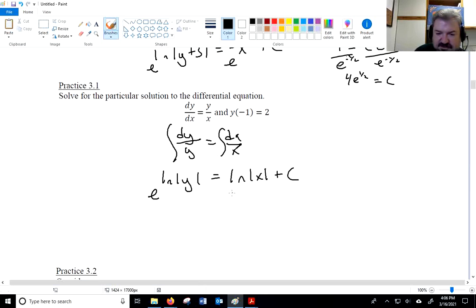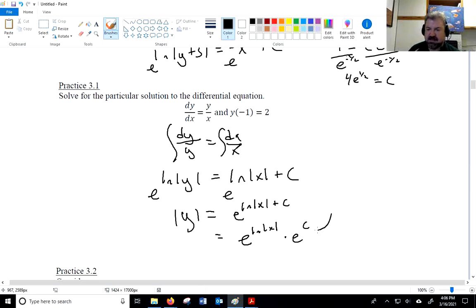I can then exponentiate both sides, and I get the absolute value of y is equal to e to the natural log of the absolute value of x plus c. But we know that we can split that apart and call it this. And e to the c, that's just some c. e to the natural log will actually cancel out, leaving you with just the absolute value of x.